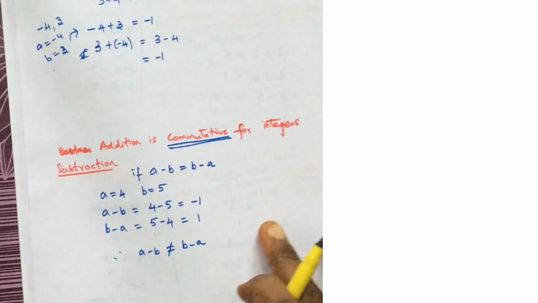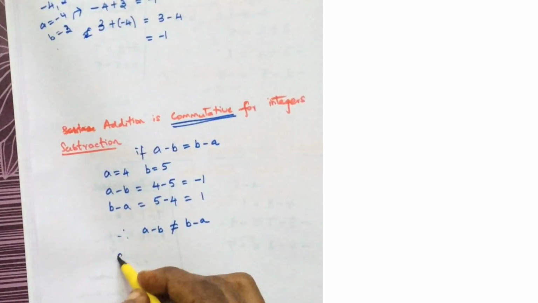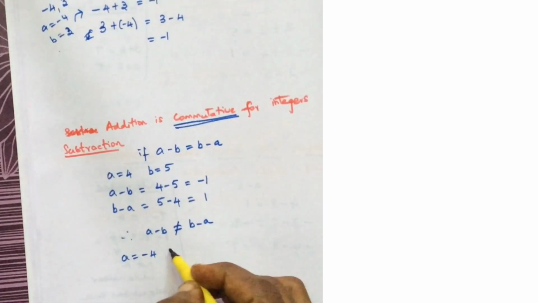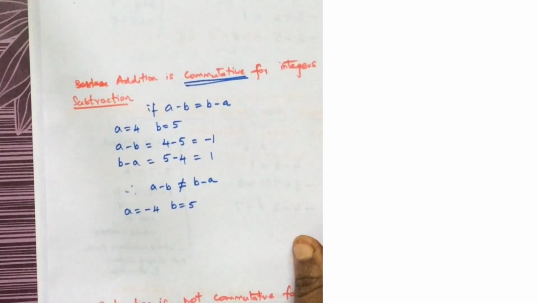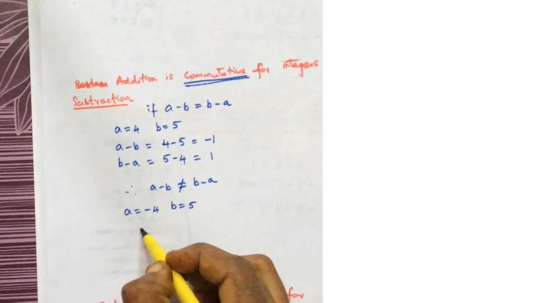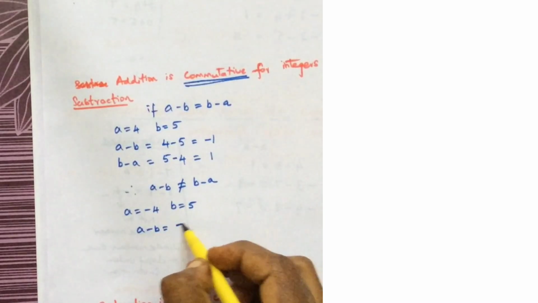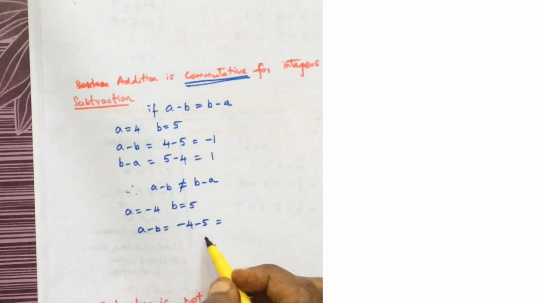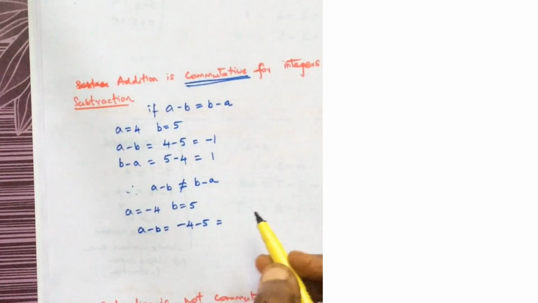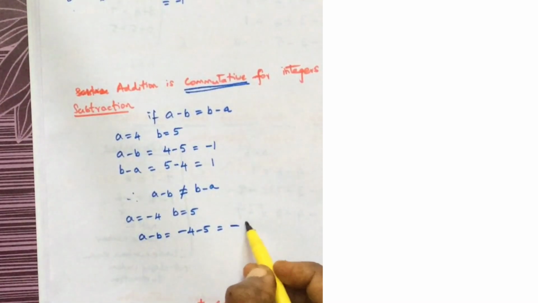Here we will try for some negative numbers. Let a equal -4 and b equal 5. Let me check for a minus b. a minus b equals -4 minus 5. a is -4 and b is 5. So a minus b is equal to -9.